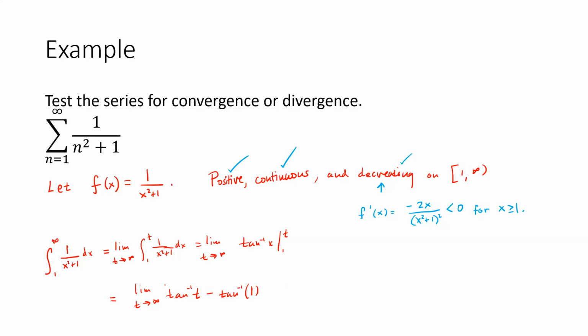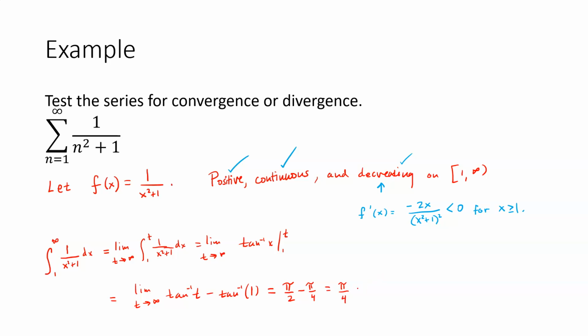As t goes to infinity, tan inverse approaches pi over 2. Tan inverse of 1 is pi over 4. Subtracting the values, we get pi over 4.